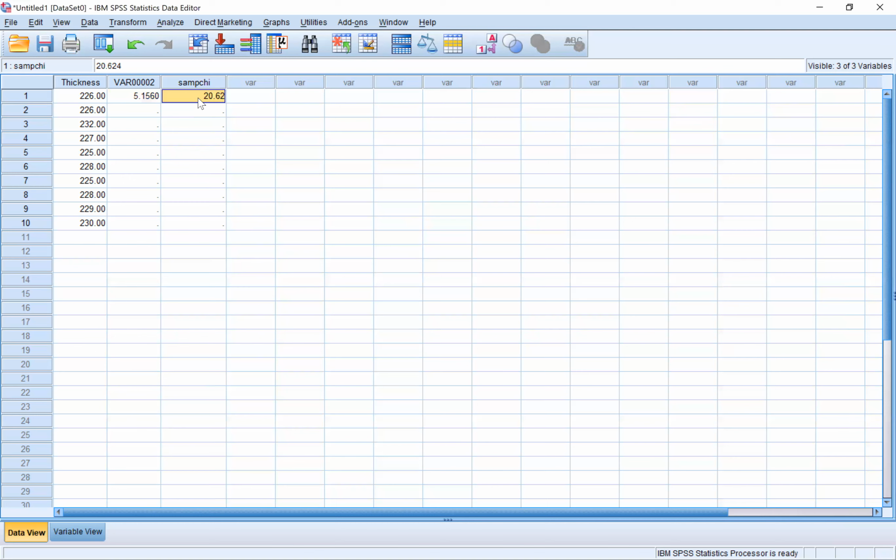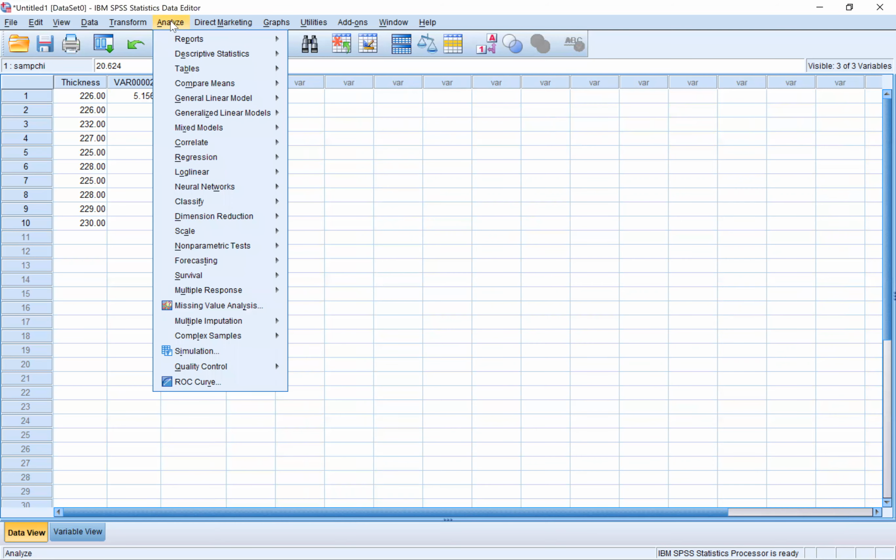So sample chi value is 20.62, and you have to compare it with a critical value. So what is that critical value? That critical value is the value for which the probability of chi-square being greater than that is 0.05.